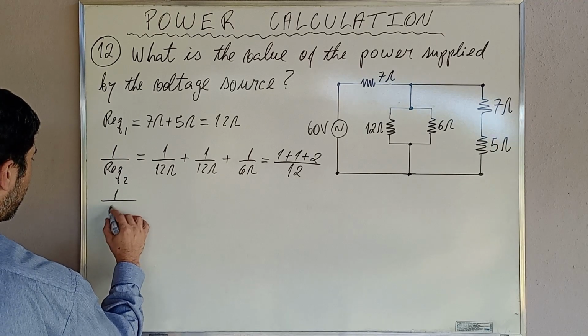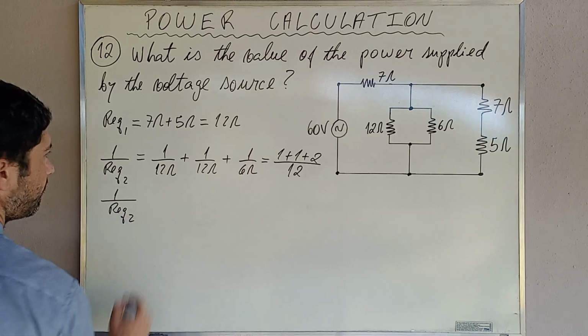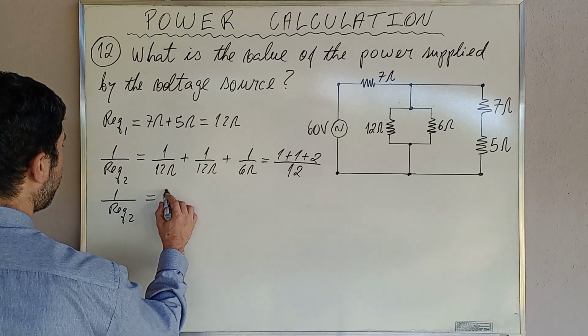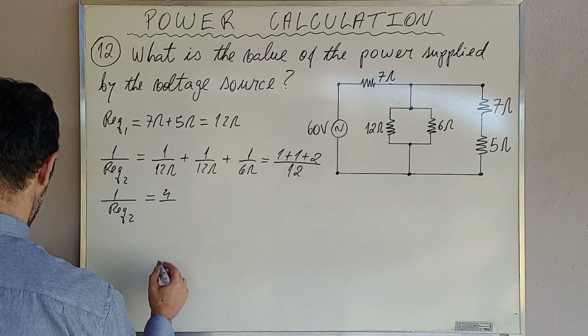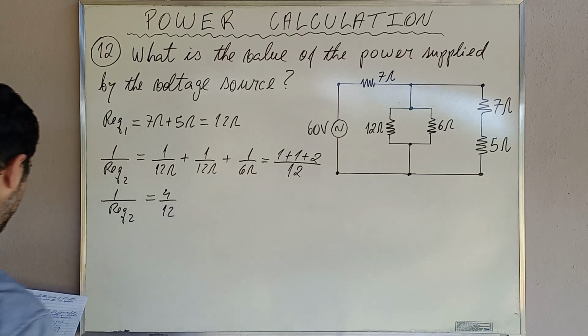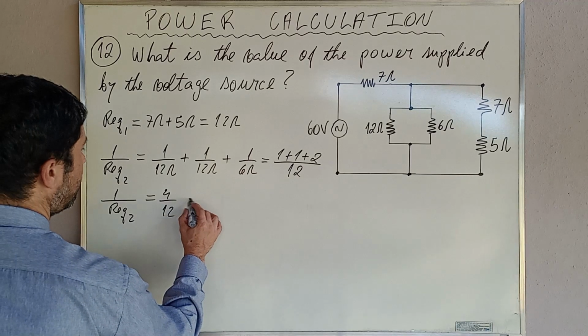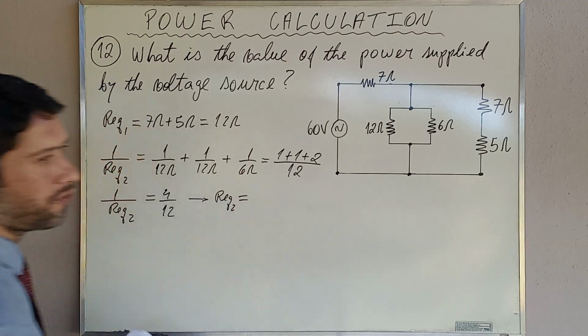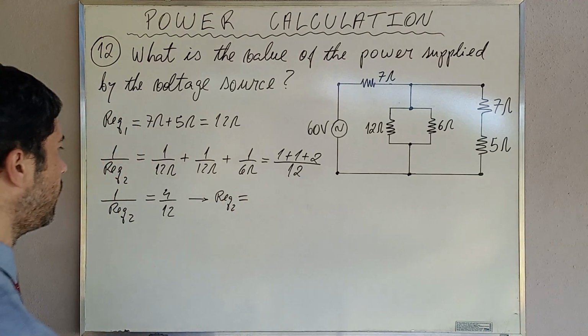One over equivalent resistance number 2 is equal to 4 divided by 12. And we find that equivalent resistance number 2 is 3 ohms.